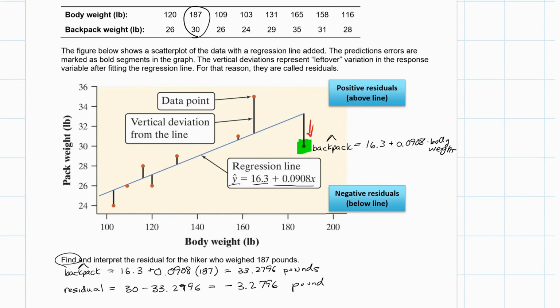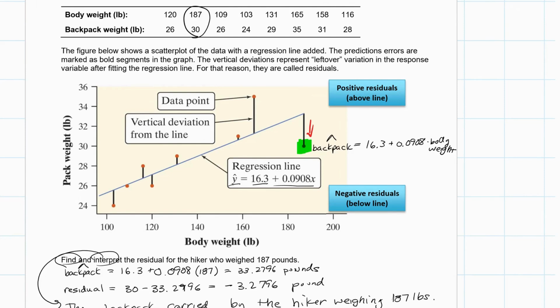And our interpretation of this is that the backpack carried by the hiker weighing 187 pounds is 3.276 pounds lighter than predicted.